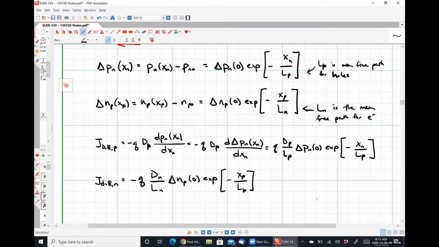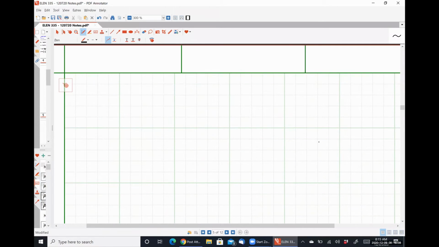So if I drew a picture, which it'll have to be on this page, let's see right here.